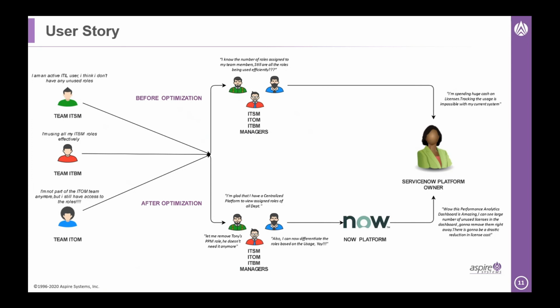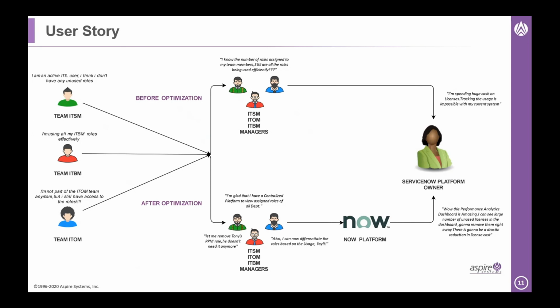Now the reports we have shown you will give you enough information not just about the roles but also about how the roles are utilized by these individuals, or a group, team or department, over a period of time. That is the insight. Now what happens after 3-4 years of usage of the Now Platform?